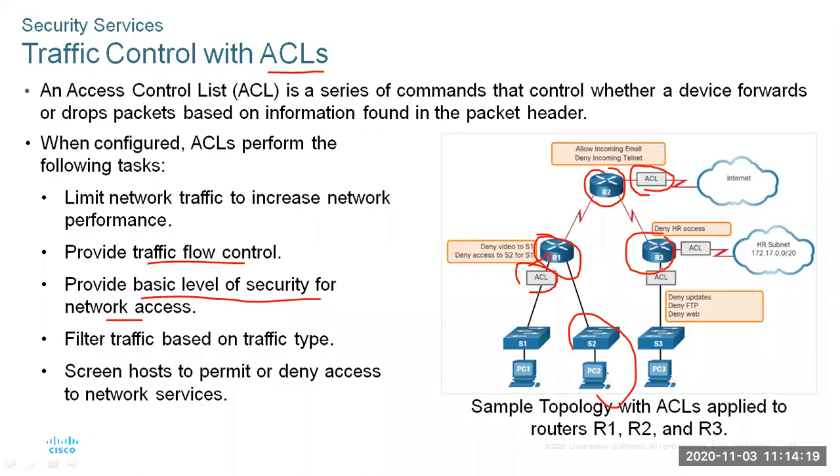The access list is applied on this interface for traffic coming in from this particular LAN. It denies this LAN access to FTP and to web, and here it denies access to human resources. If traffic is going to human resources, it is denied as well.